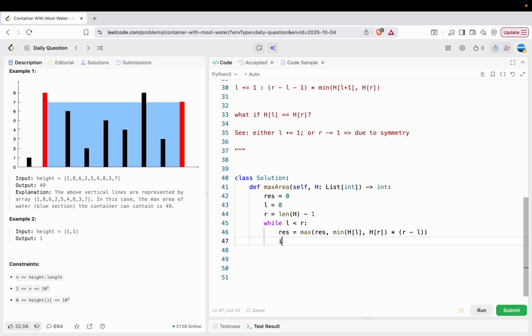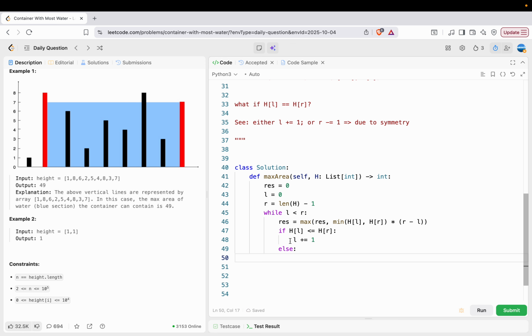First, if height L is less than or equal to height R, this actually contains the equal case, because as I mentioned, for the equal case you can do either side. Here let's absorb it. Because L is smaller, we increase the L side. Otherwise, L side is larger, so we are going to decrement R by 1.